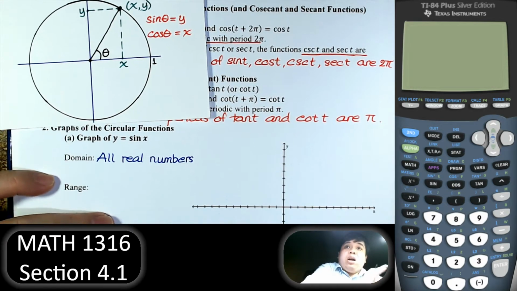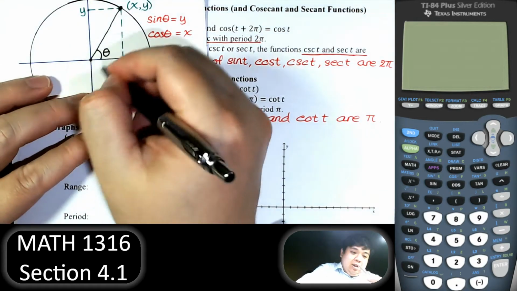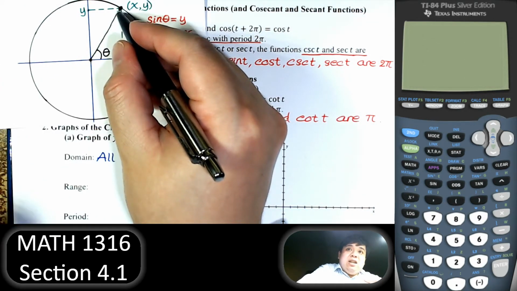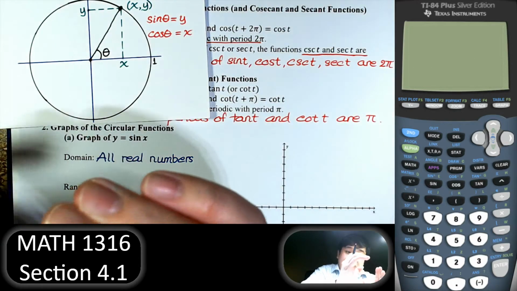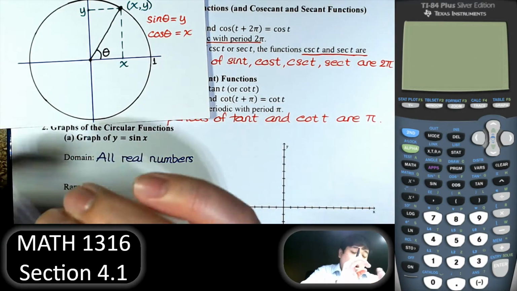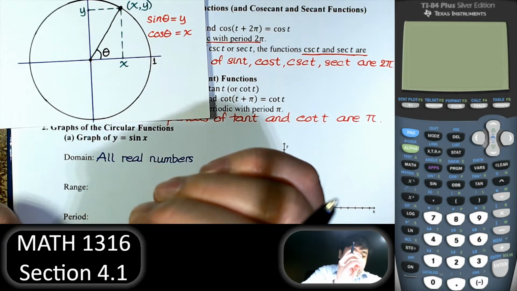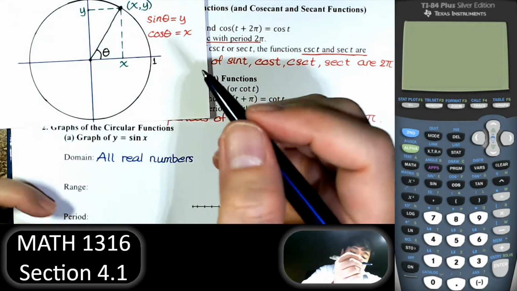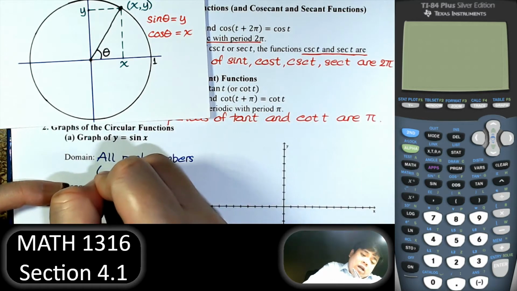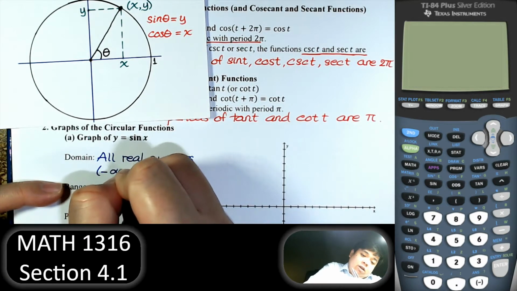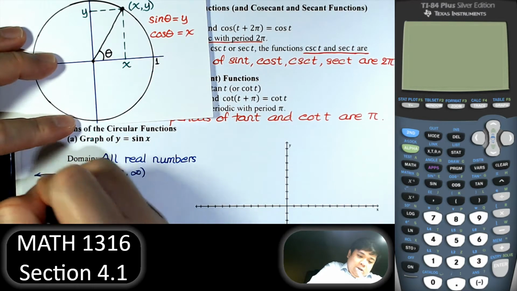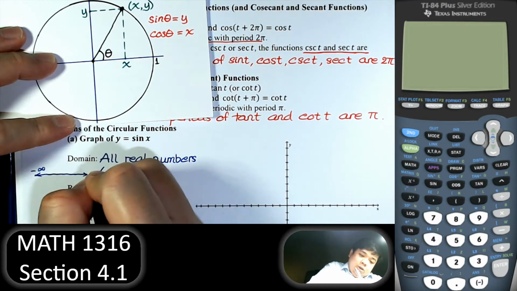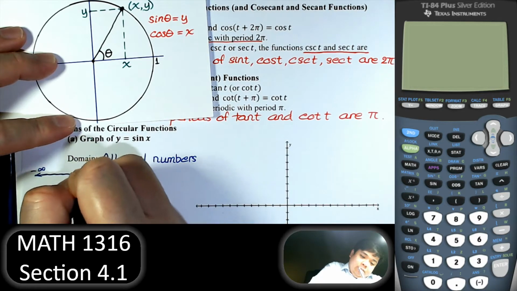Because there's always an x and the y values, and the y values is the sine of that angle. So there's always the sine values. Therefore, the angle can be anything. All real numbers we can write in the interval notation, negative infinity to infinity.